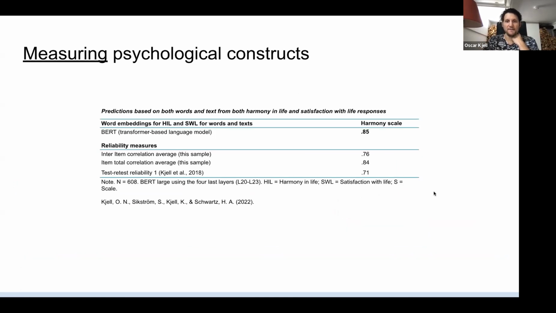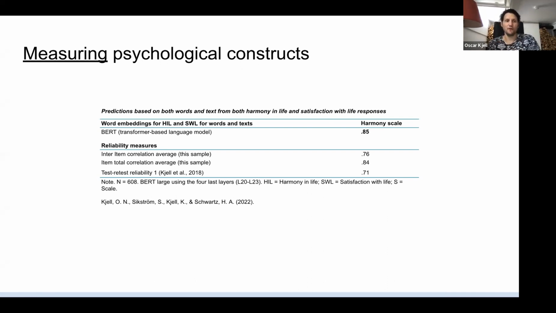The best results that we've received are when we use a transformer-based model with word embeddings from both harmony and satisfaction, using both words and descriptive text. So here we use all 4 word embeddings, and you can see that we can predict the harmony in life scale with a correlation of 0.85.